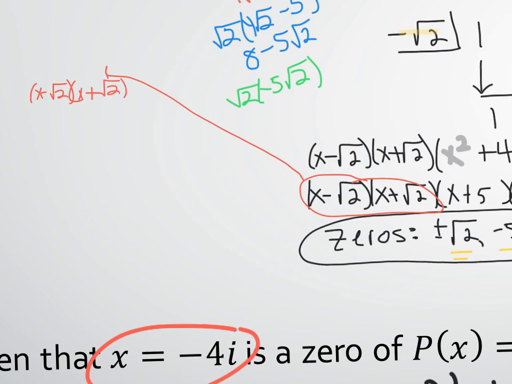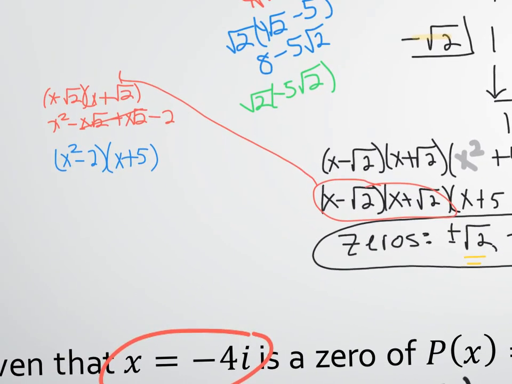Okay, let's see, x squared minus x square root 2 plus x square root 2 minus 2. These cancel out. So our factored form, I'll change my color again. We'll have x squared minus 2 times x plus 5. Let's see, x minus 1. Okay, so this is your factored form for this guy.